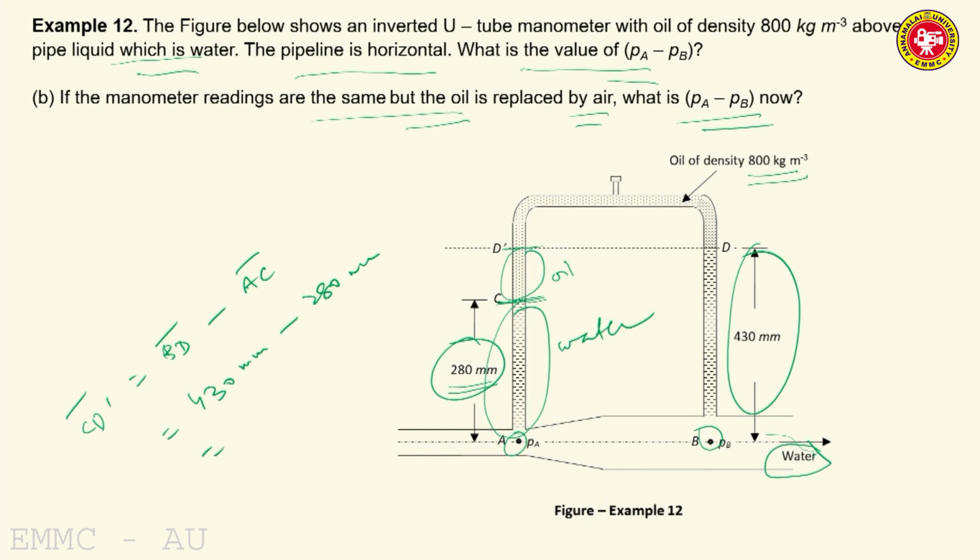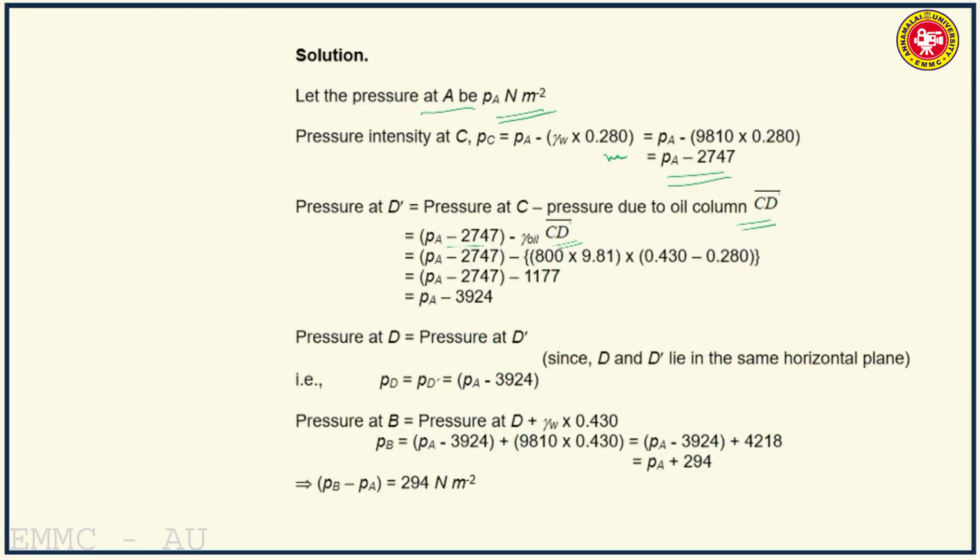So this comes to 150 millimeters. Okay. So this is 0.15 meter. So you get pressure at D dash is equal to Pa minus 3924. Of course, this will be Newton per meter square.